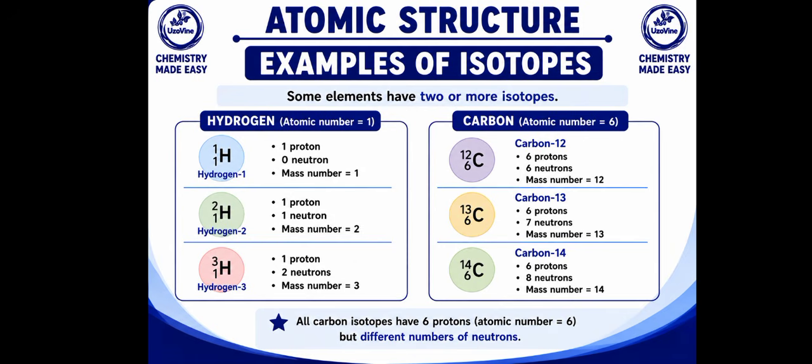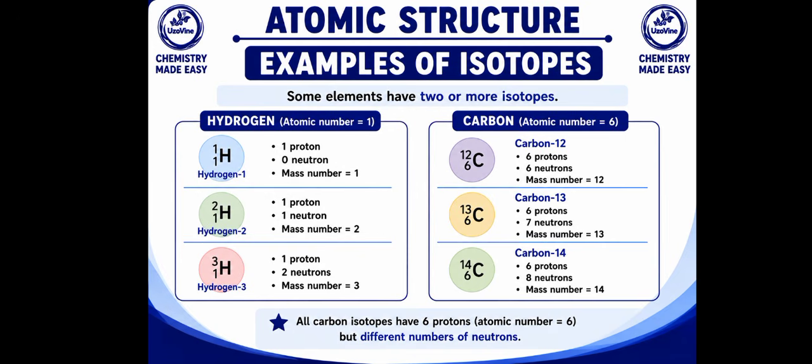Therefore, the mass number will change and it's going to be 13. Also, for the third isotope of carbon, we have 6 protons, 8 neutrons, mass number 14. So the number of protons remains the same, meaning the atomic number, atoms of the same element with the same atomic number but different mass numbers as a result of change in the number of neutrons.